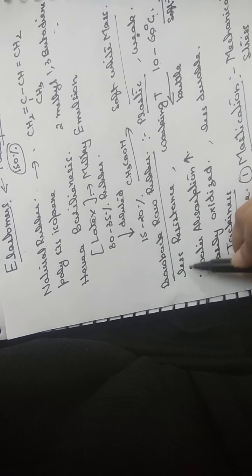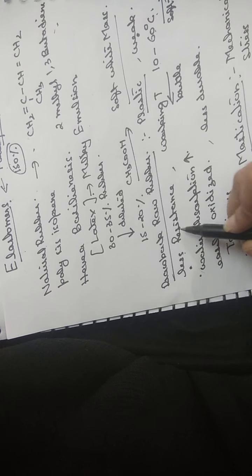Now, when vulcanization takes place, these properties of raw rubber are going to change. And what are the changes? The plastic nature is converted into elastic nature. The rubber becomes strong. The tensile strength increases. The vulcanized rubber is more resistant.